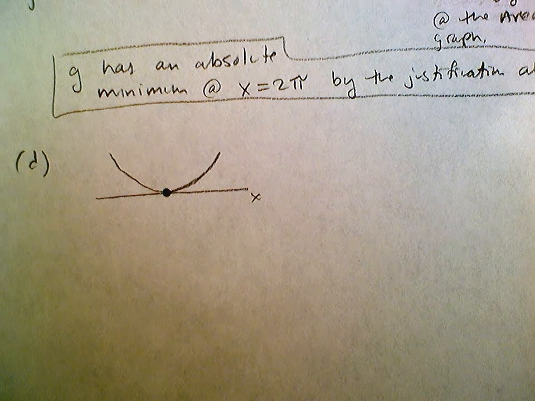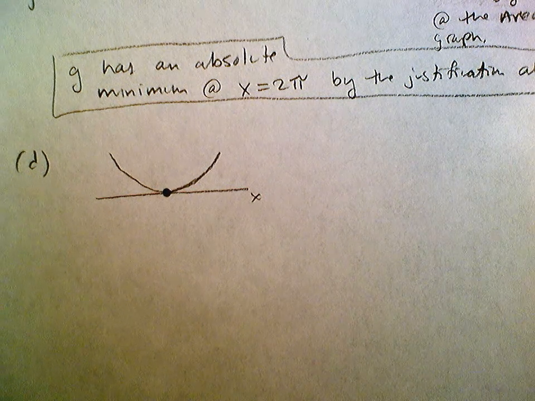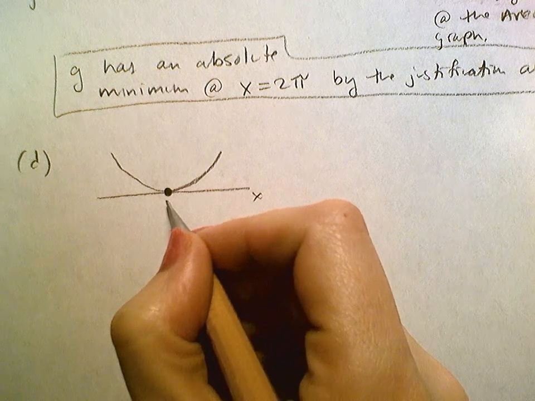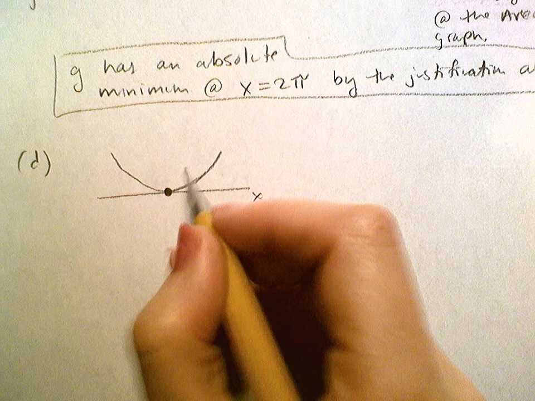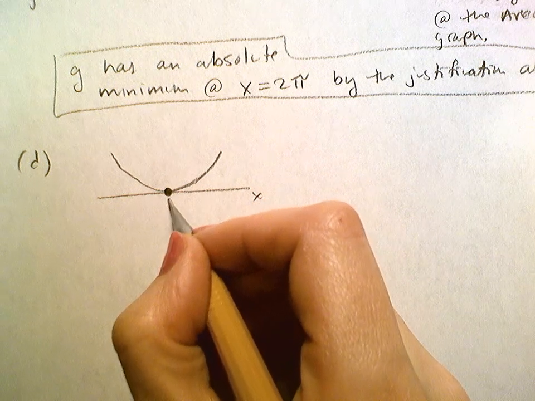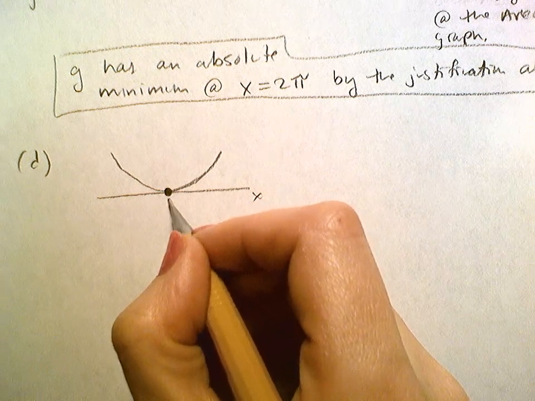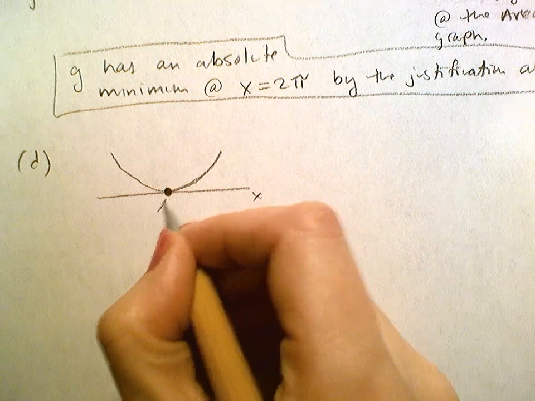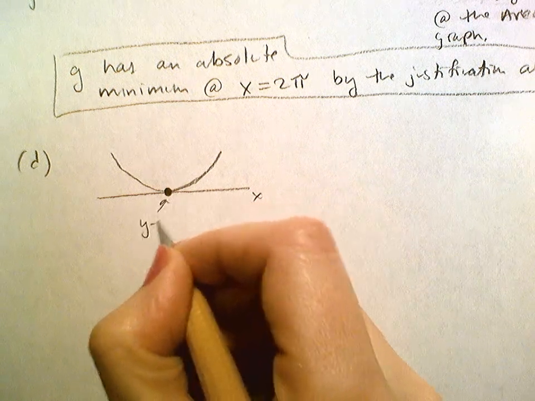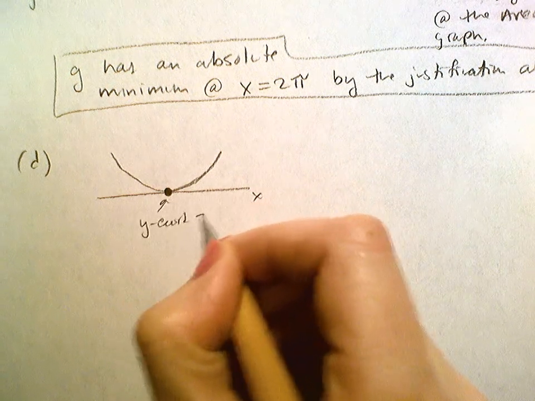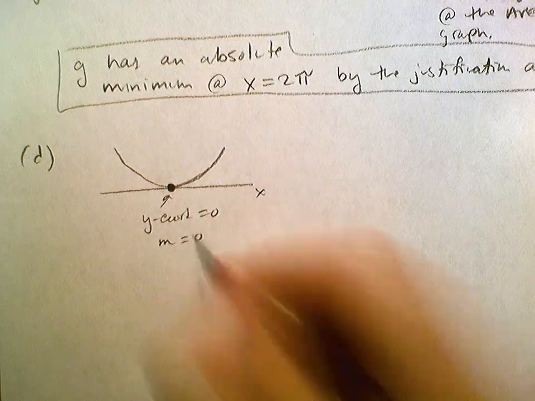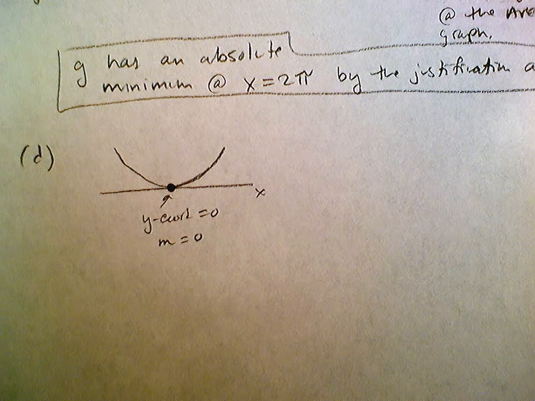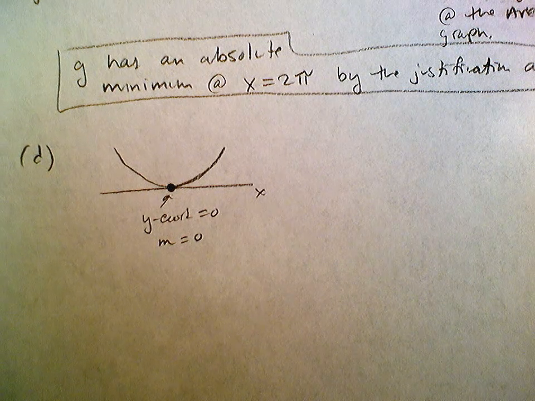Okay, now, what can we say about this point here? All right. What can we say about this point? We can say that the y coordinate equals 0, and we can say that the slope also equals 0. Those are the two things that we can say about that point.